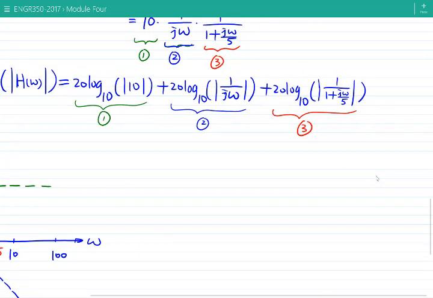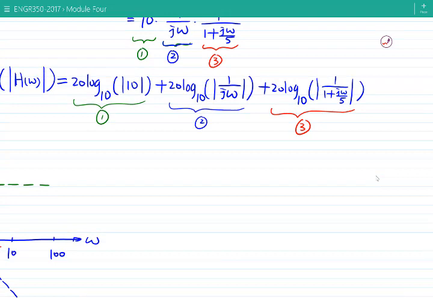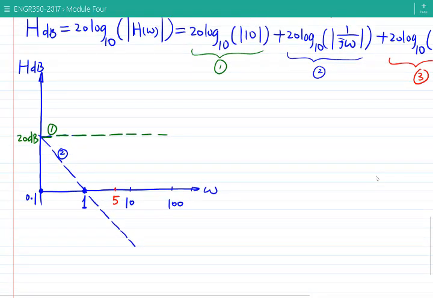When the frequency is really low, j omega over 5 is really small, so we only have 1 here. 1 over 1 gives us 1, and the dB value is 0 dB. So when the frequency is lower than the corner frequency, we have 0 dB.